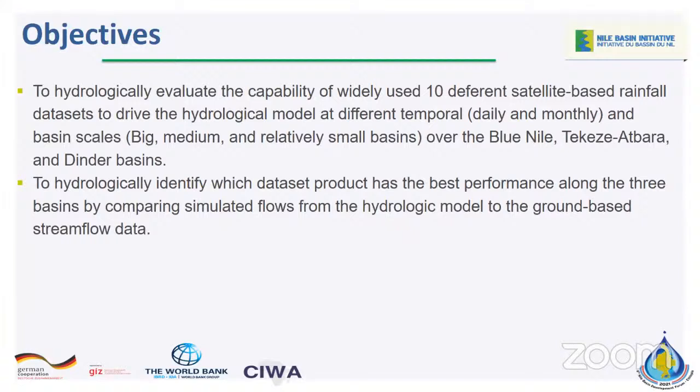The objective of this study is to hydrologically evaluate the capability of 10 widely used different satellite-based rainfall datasets to drive a hydrological model at different temporal and basin scales. By temporal, I mean daily and monthly time steps, and for basin scales, we have in this study big basins, medium basins, and relatively small basins.